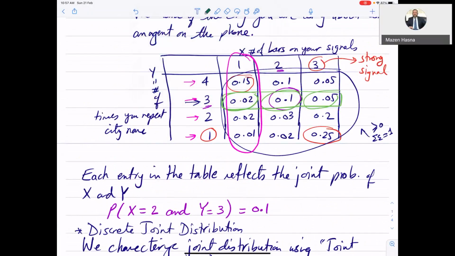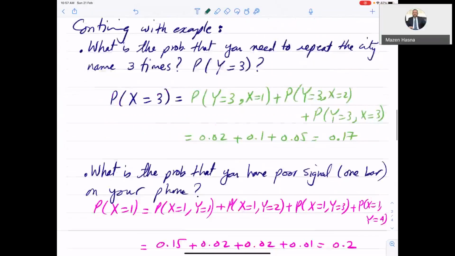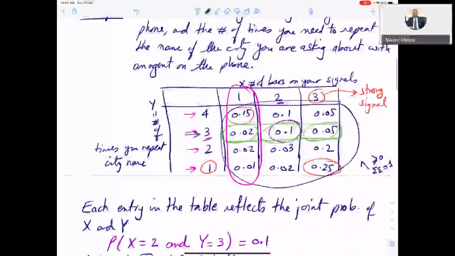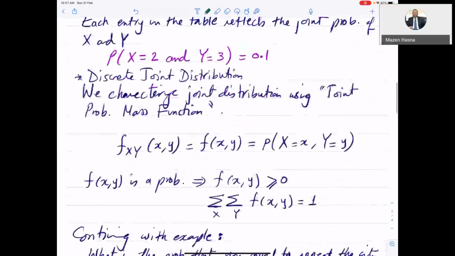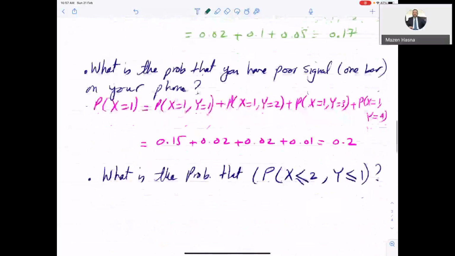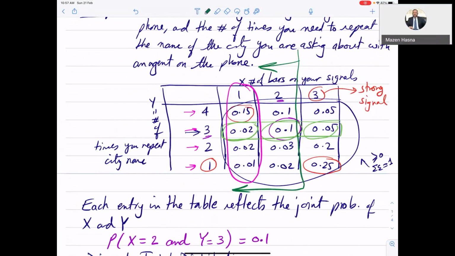X is less than or equal to 2, so 2 or 1. So this is for x. And then at the same time, y is less than or equal to 1, which is this.